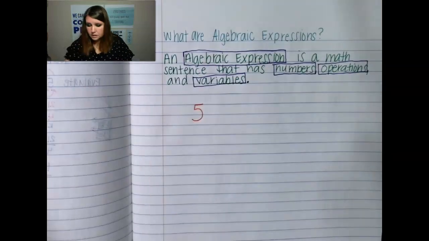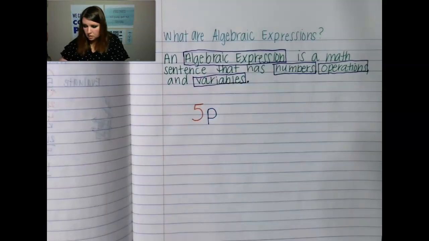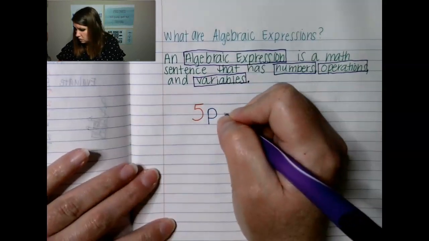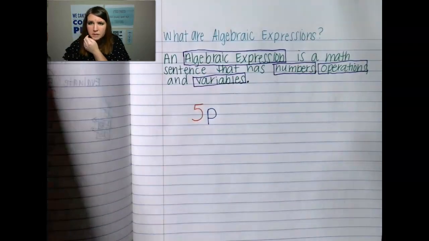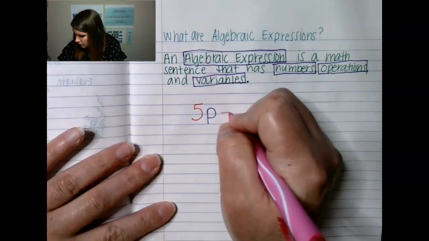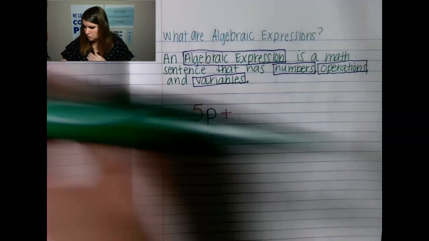So I'm going to use red, blue, and pink, because I don't know if the purple is going to show up next to the blue. Yeah, that works. And I'm going to use green.